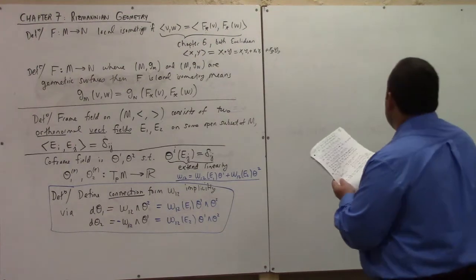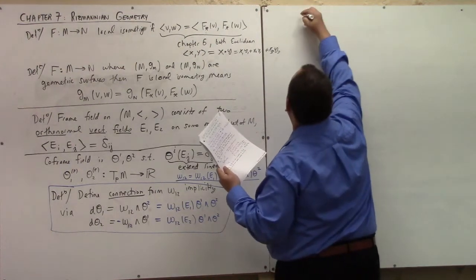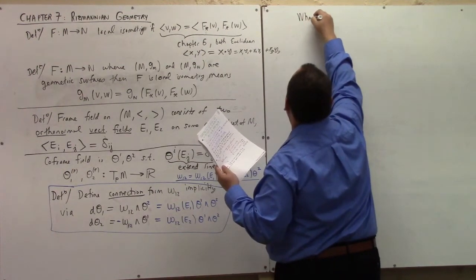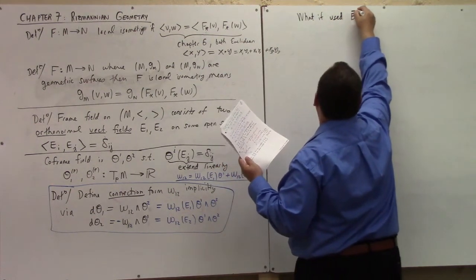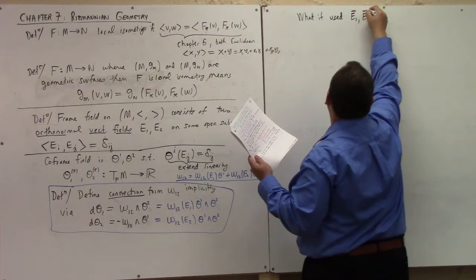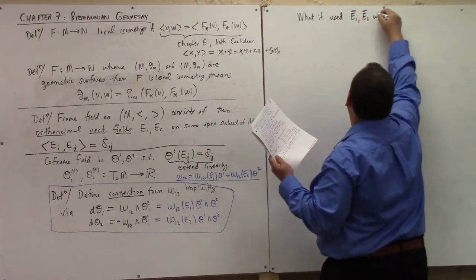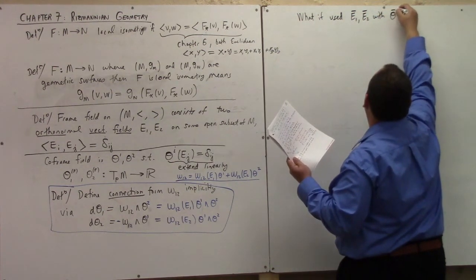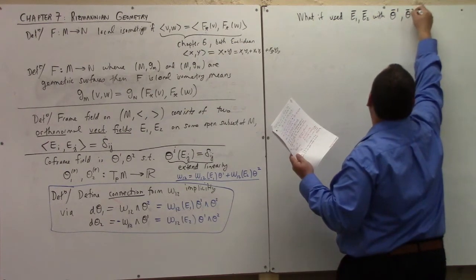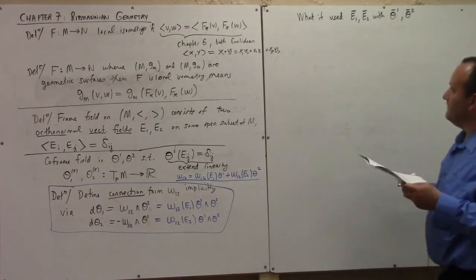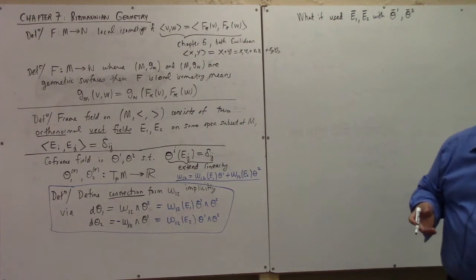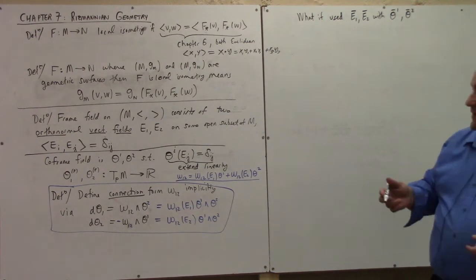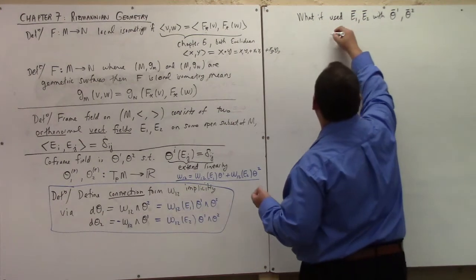So what if we used E bar 1, E bar 2 with coframe theta bar 1, theta bar 2? So suppose we had a different orthonormal frame on the surface. How do those have to relate? Well, I draw a picture.